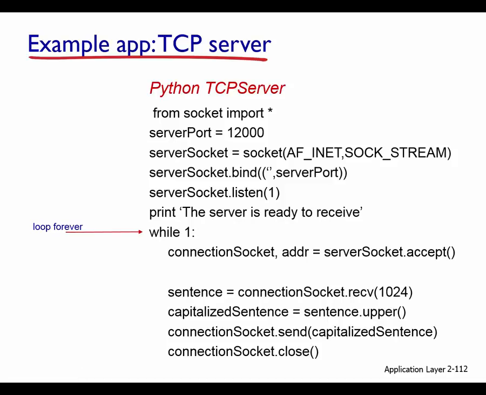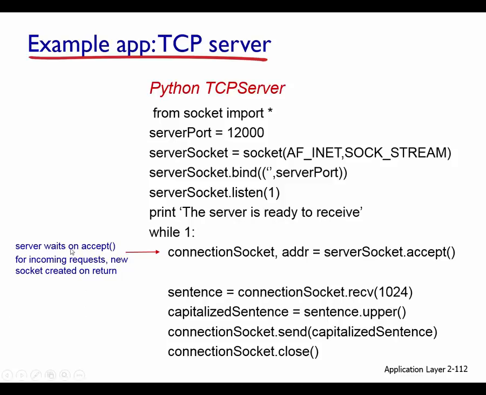We loop forever. Now we have the accept. So when something comes in, we accept it, and once we accept something, then we can use the receive buffer in the socket data structure and receive that data and assign it to the value sentence.